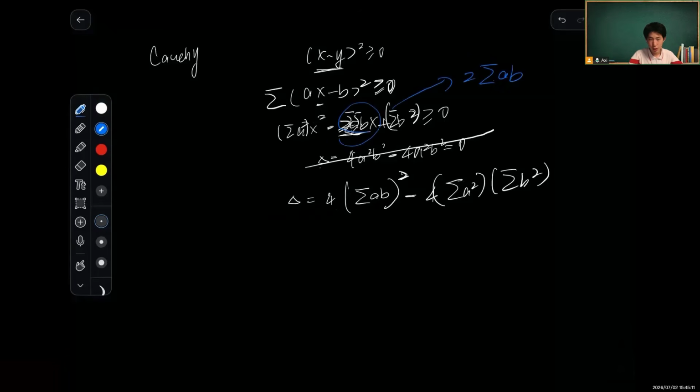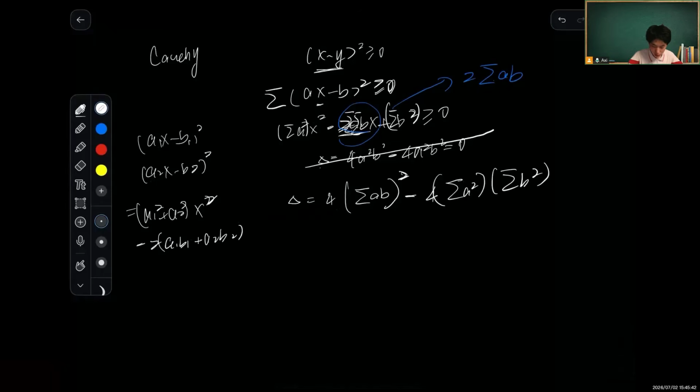The reason for which is because imagine adding up these terms. Like this is a1, b1, this is a2, b2. What happens when you expand them? What happens is you have a1 squared plus a2 squared as the coefficient of the second degree, and then you also have 2 times a1b1 plus a2b2, and then finally b1 squared plus b2 squared.